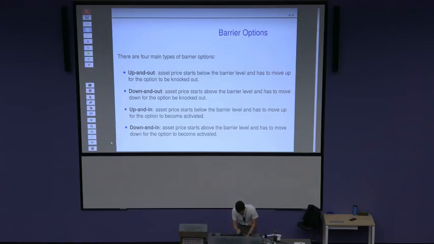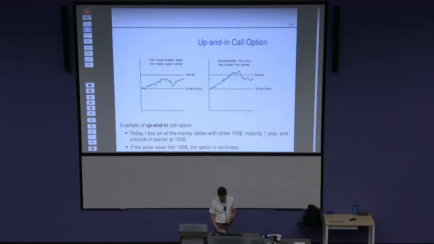Up and in just means that the barrier is above the initial asset value, and as soon as the barrier is hit, the option becomes activated. The option starts to live. And for down and in, the barrier is below, and as soon as we hit the barrier, the option becomes activated. Okay, so these are the 4 constellations.